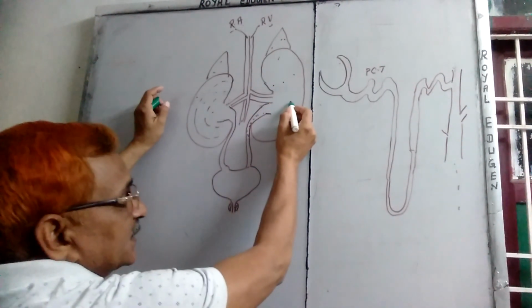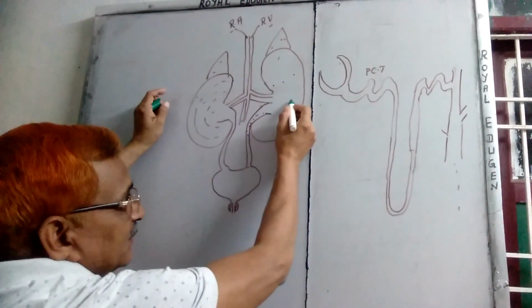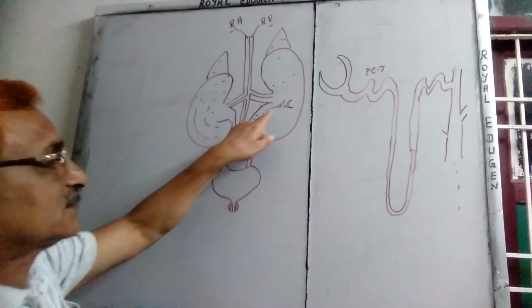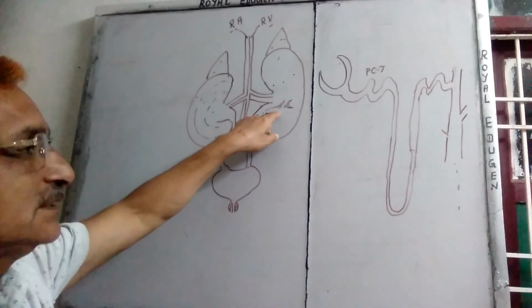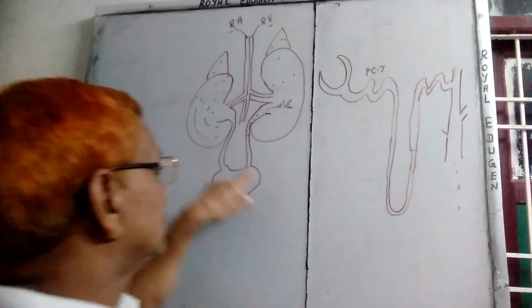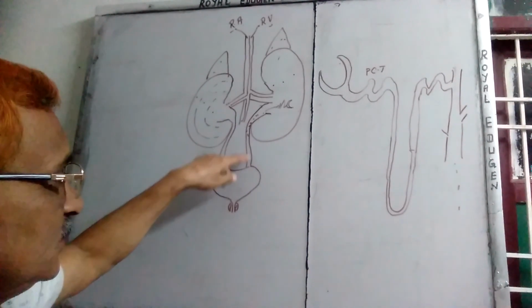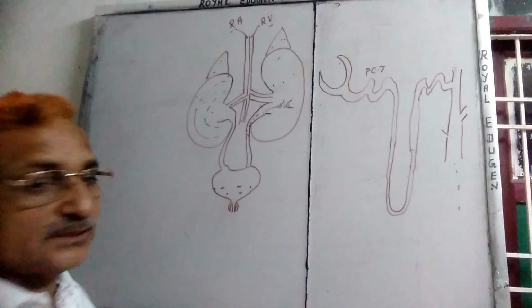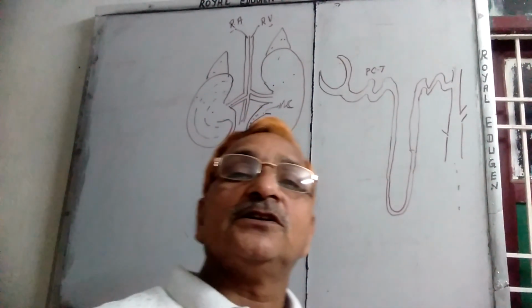Filtration takes place in the position of the diagram I have made. The collecting duct finally carries the secretion into the ureter, and through the two ureters the urine is deposited in the one urinary bladder.